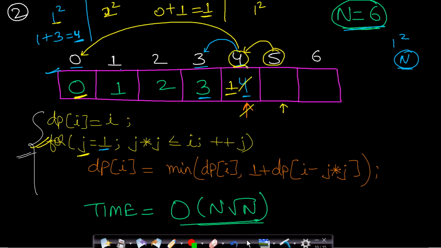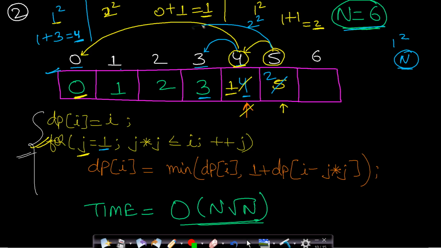You will require the number of chunks to make 4, plus 1, because you are making a split at 4. So it will be 1 plus 1, which will be 2. But initially you will fill it with 5, because this is the maximum number of chunks which you can use to form this number. So now you got the number 2. So you will update this value to the minimum value, which is 2. Now you will simply do the second split at 2 square.